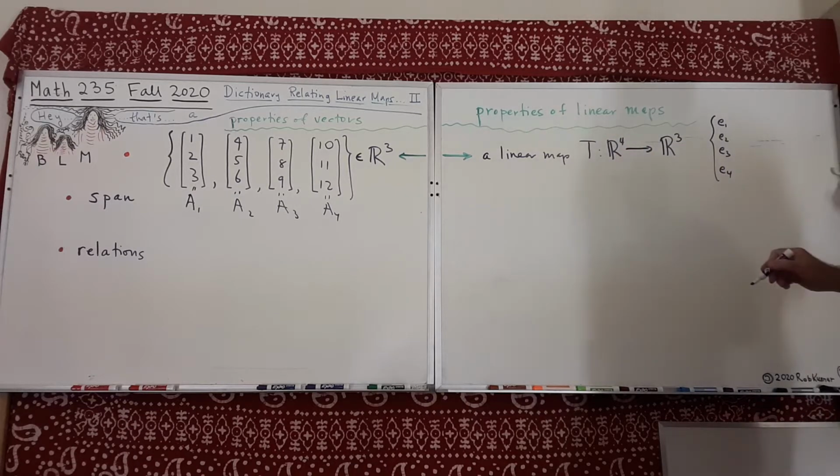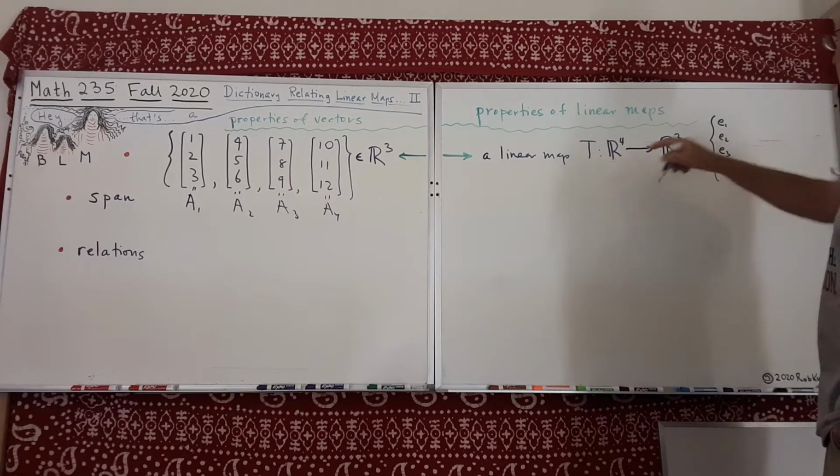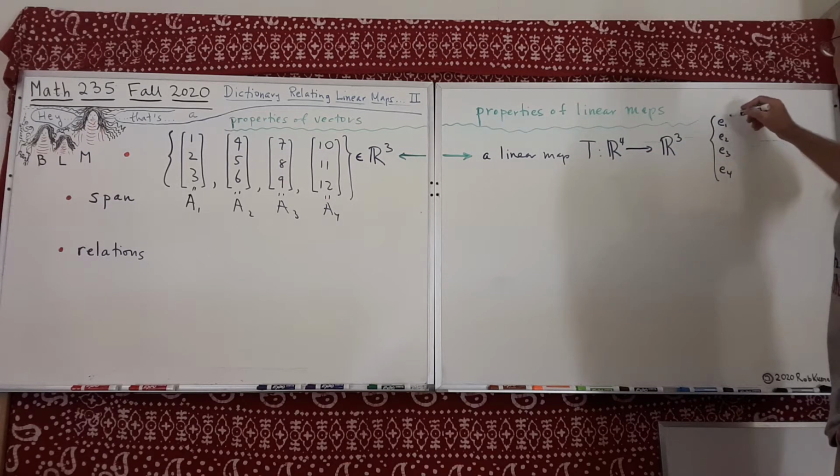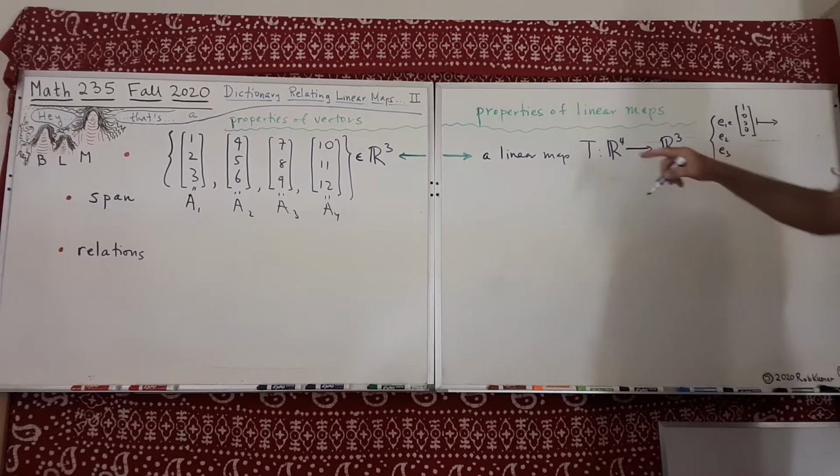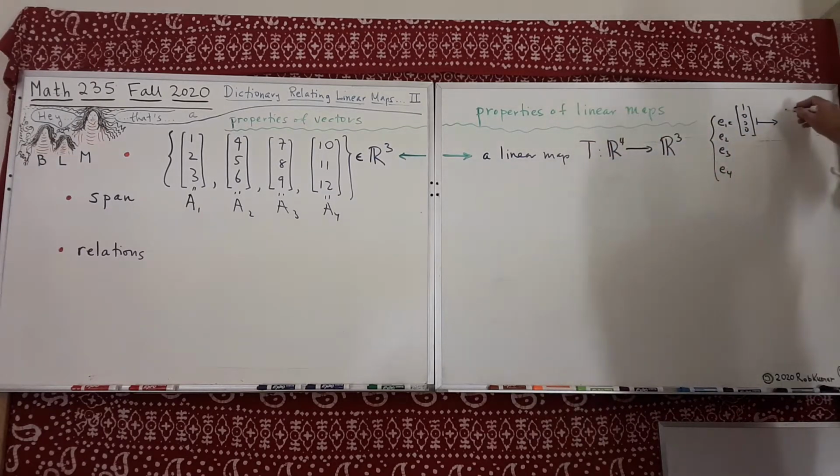And how do we actually specify the map? Well, the first standard vector E1 would be the vector 1, 0, 0, 0. We specify where it maps to, and it's going to map to the first vector in the list, namely 1, 2, 3, which is A1.